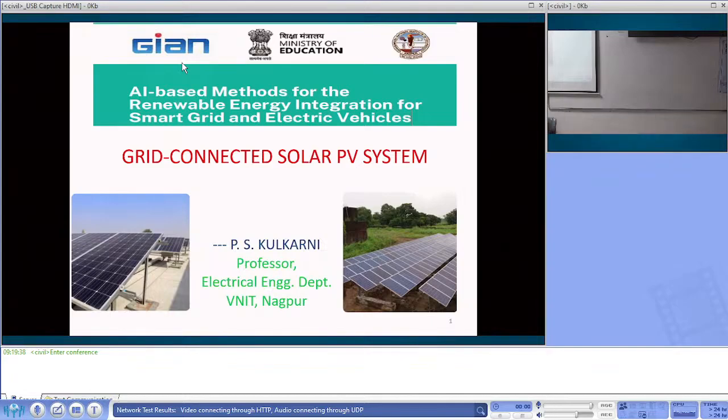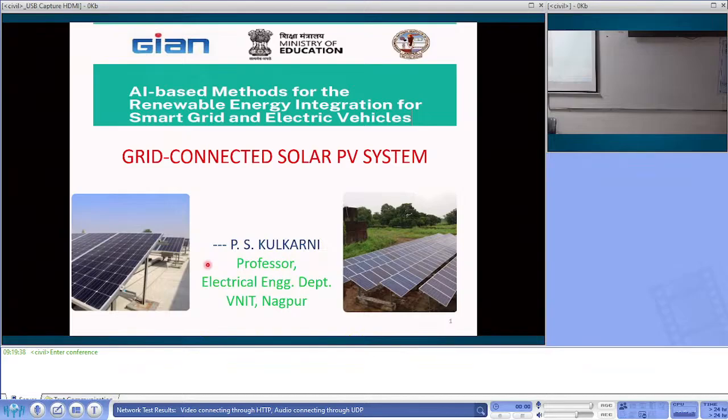Grid connected solar PV system. On the left hand side you find a rooftop solar, the area in which my scholar Jay is working for his MTech project. Another you find a ground mounted grid connected solar PV plant. In addition, we have in India a canal top 1 megawatt plant in Gujarat.